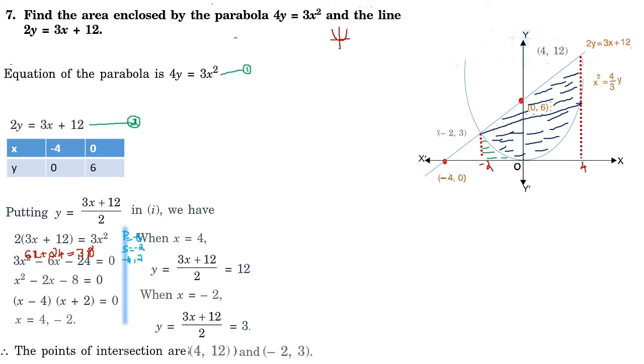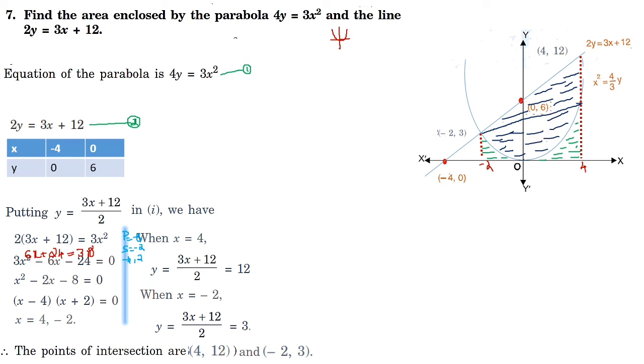If you subtract this from the total area, we get the upper blue colored area. So from the total area below the straight line, if you subtract this green shaded portion, you will get this blue shaded area. So this is what we are going to do.